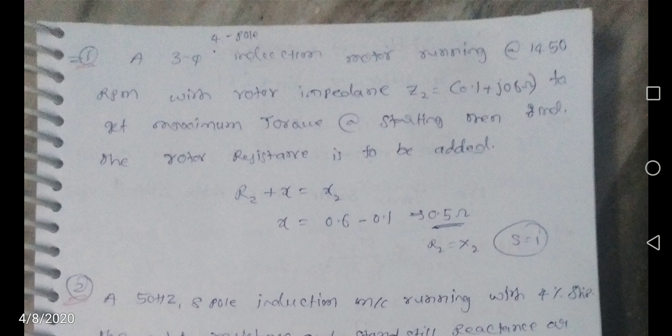Already there is 0.1 ohm of resistance. To reach 0.6, 0.5 ohm resistance has to be added. Whenever rotor resistance and reactance are equal, then only an induction machine develops maximum torque at starting.